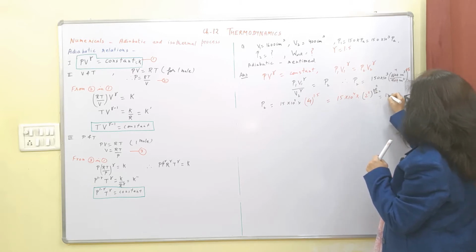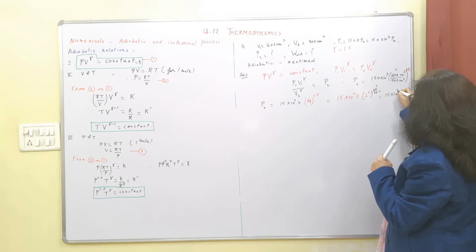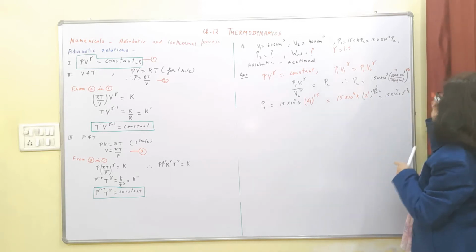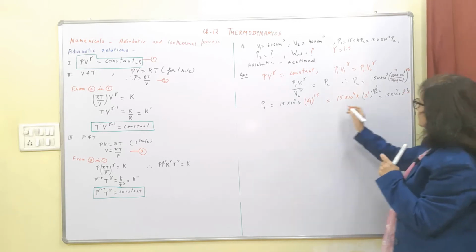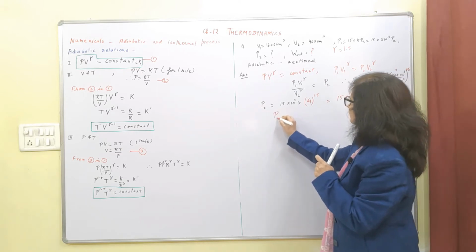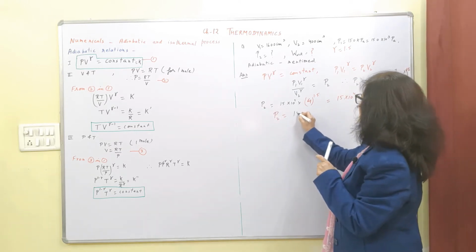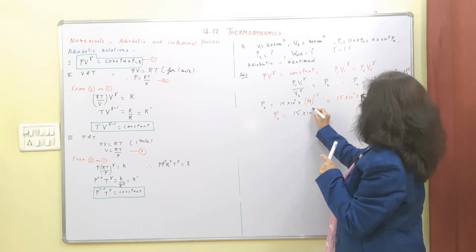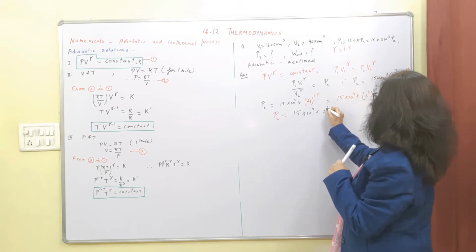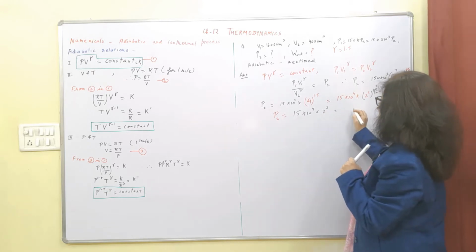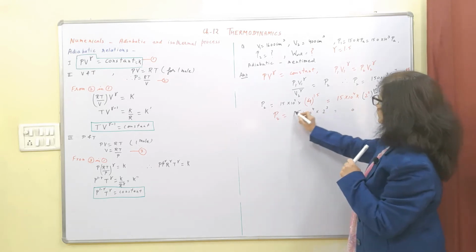So this can be written as 15 into 10 to the power 4 into 2 to the power 2 into 3 by 2, and this will be cancelled. So this can be written as 15 into 10 to the power 4 into 2 to the power cube, right? So this will be 2 to the power 3, which is 8.